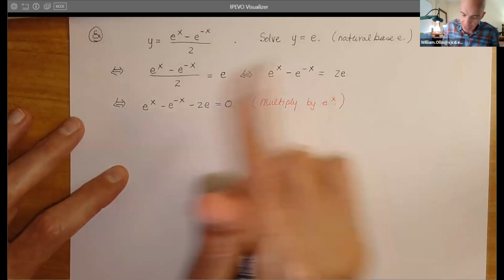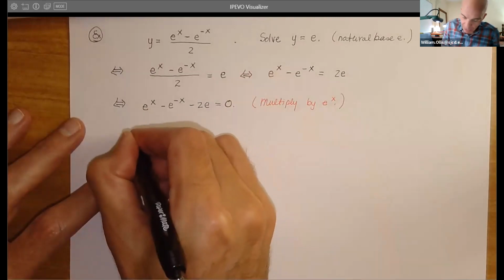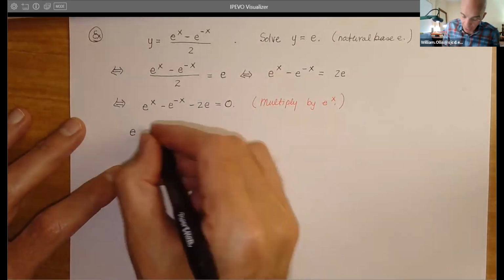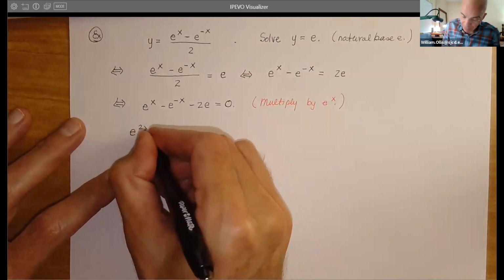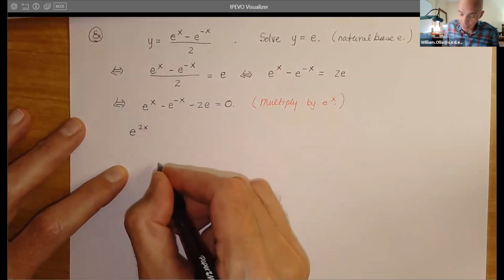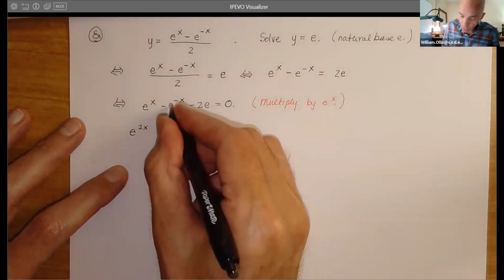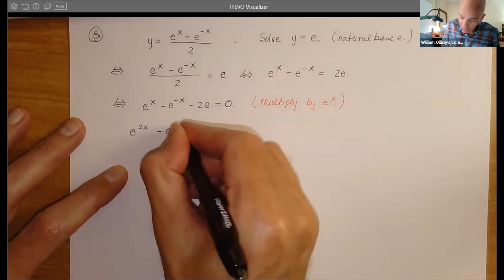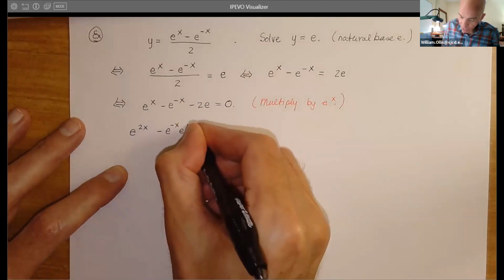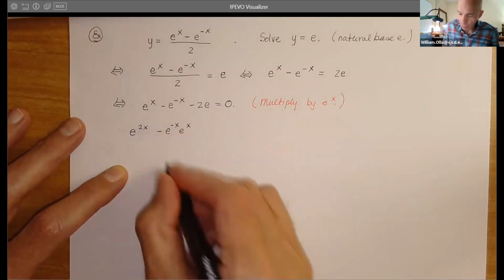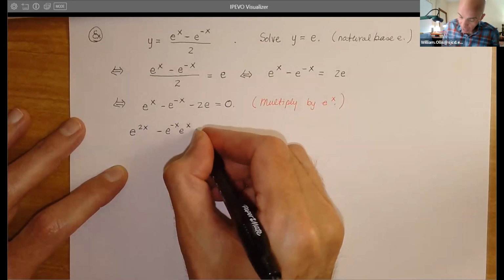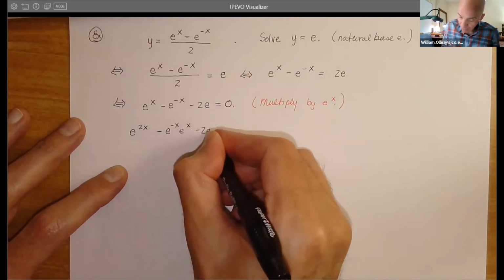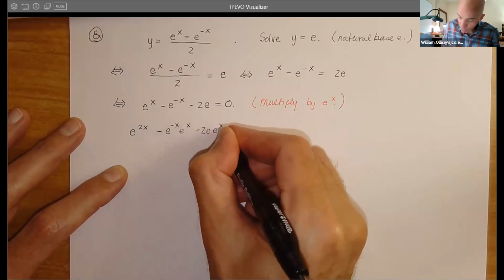So multiply by e to the x. This will be e to the 2x. e to the x times e to the x is e to the 2x. And then e to the negative x times e to the x is just going to be a 1 with a minus, but I'll write that out. And then we've got minus 2e times e to the x equals 0.